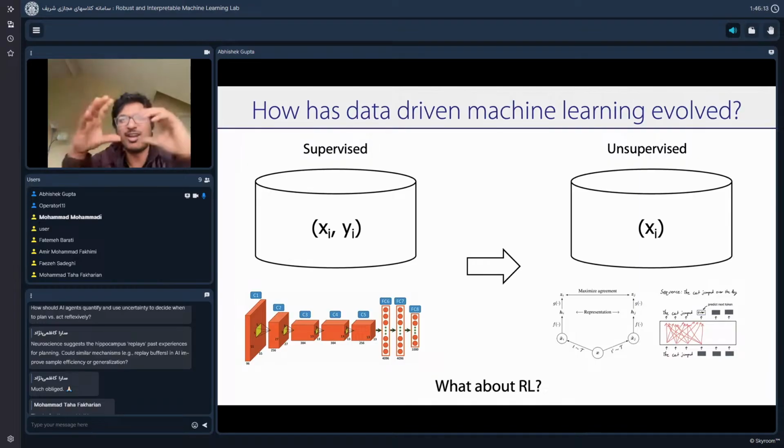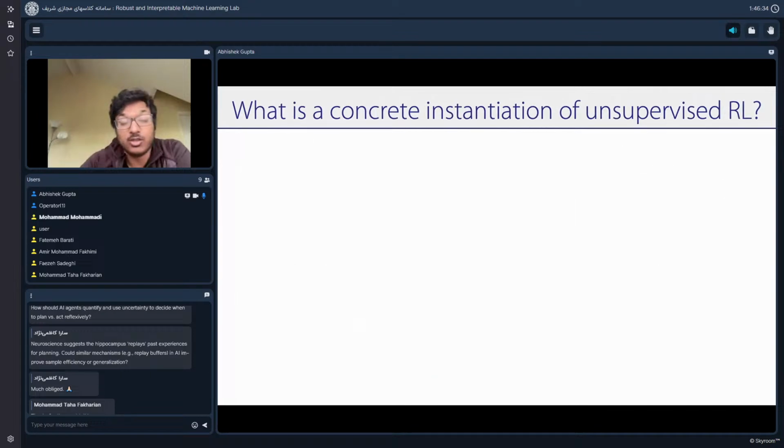But we kind of want to follow this pattern. When machine learning started being really successful as a data-driven method, we moved from things that were purely supervised to things that were more unsupervised. So what I want to ask today is how do we develop methods for unsupervised reinforcement learning, or unsupervised decision making?